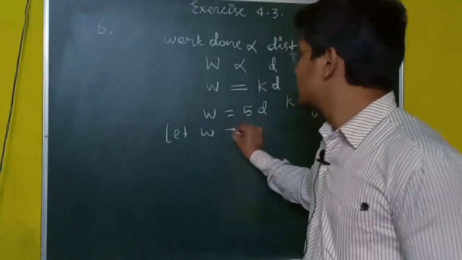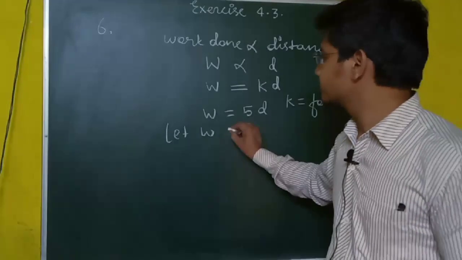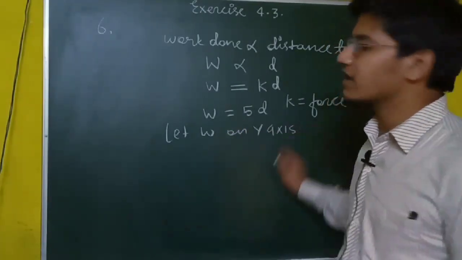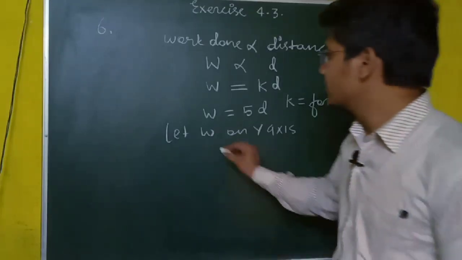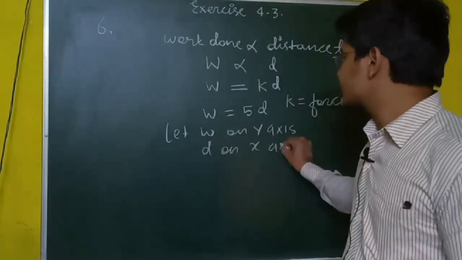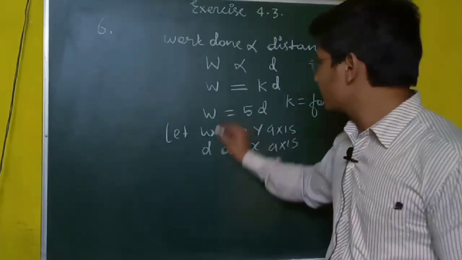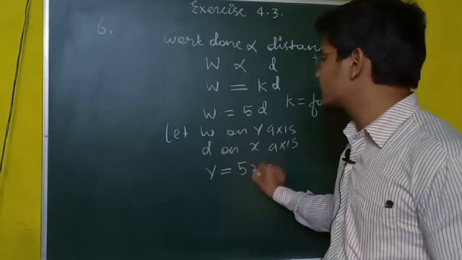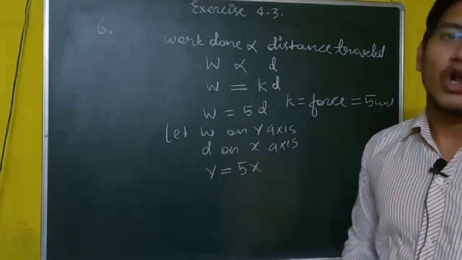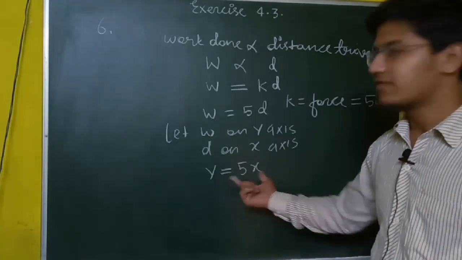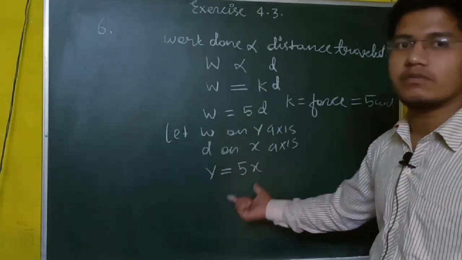So let W on y-axis, we are considering work done on y-axis and distance travelled on x-axis. So our equation will become y is equal to 5x. Now we want to solve this equation, so we will find out three solutions of this equation.